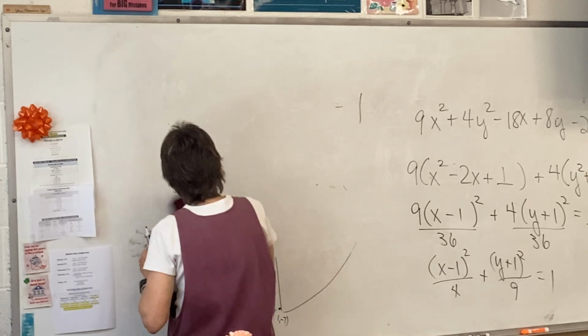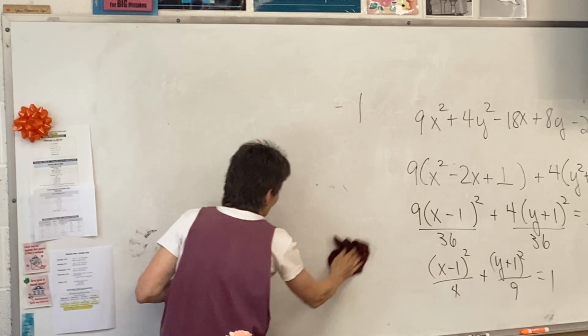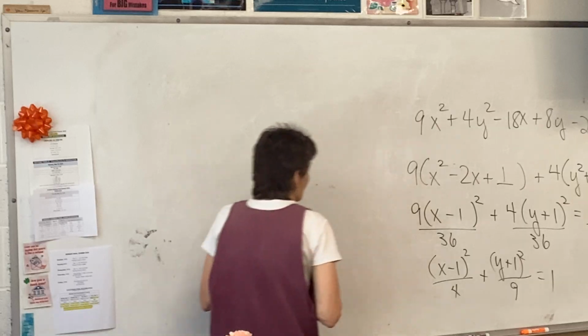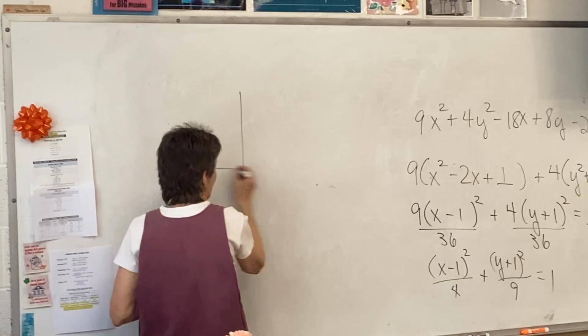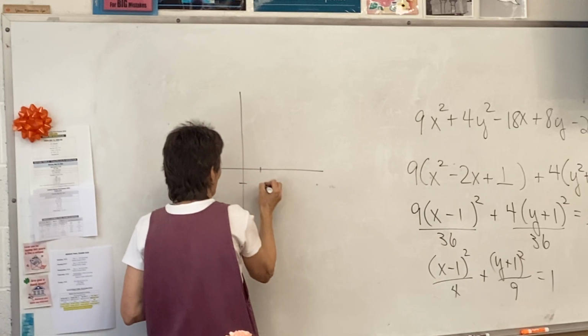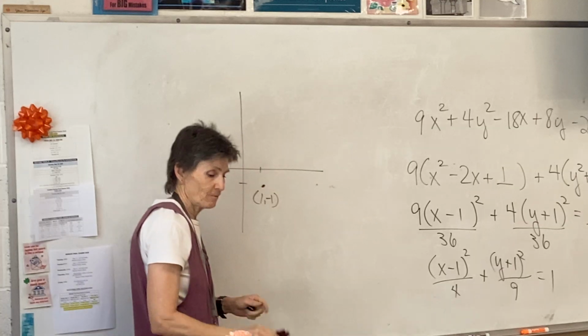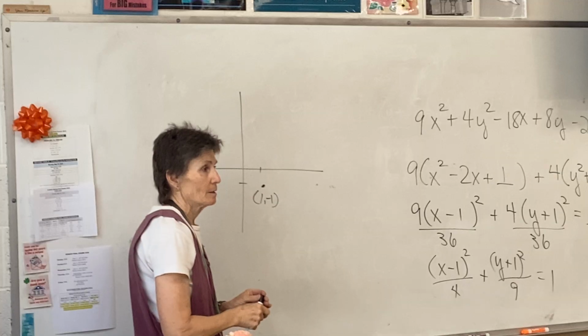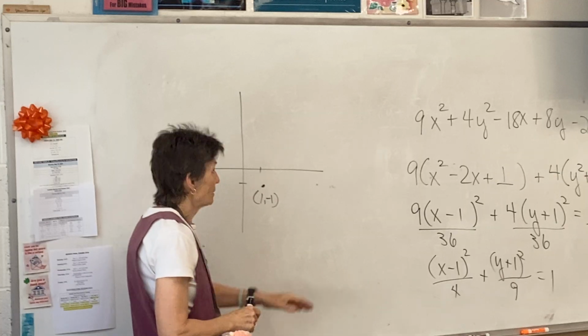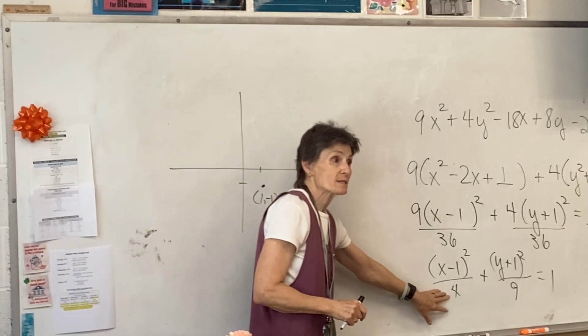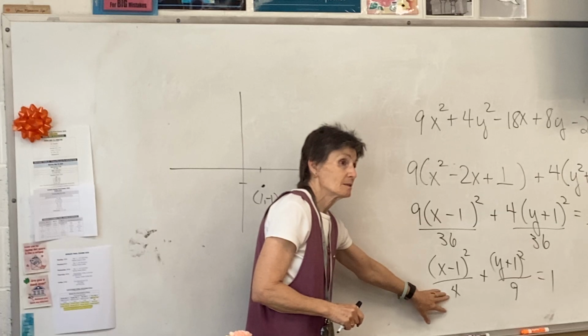Now your job was to find the center and vertices. So where's our center? 1, negative 1. All right, so that's taken care of. Now how are we going to find our vertices? Square root the 4 and the 9. So we're going to count sideways 2.